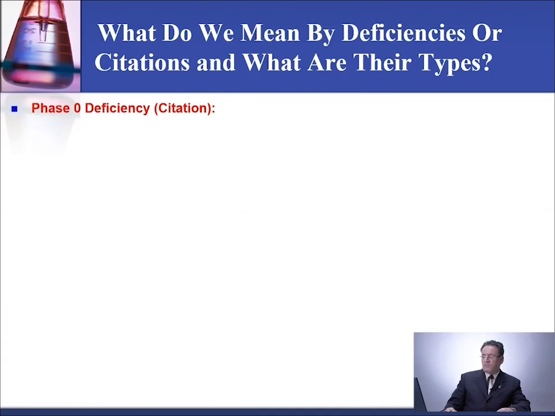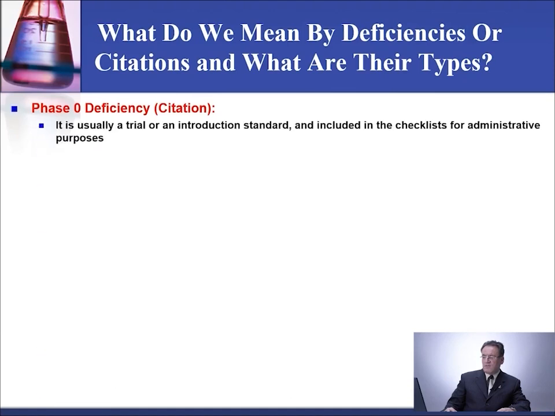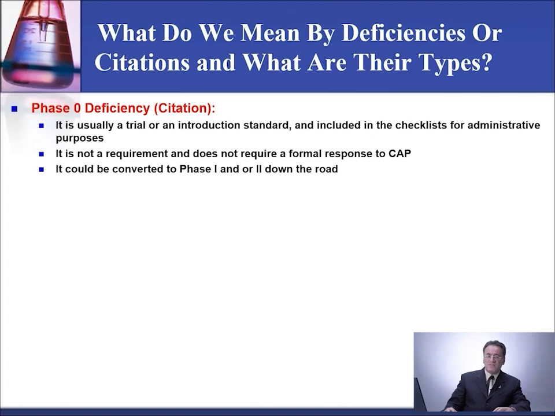What do we mean by deficiencies or citation, and what are their types? There is a phase 0 deficiency, a phase 1 deficiency, and a phase 2 deficiency. For phase 0, I really haven't seen a phase 0 deficiency for a long time, but it is usually a trial or an introduction standard.